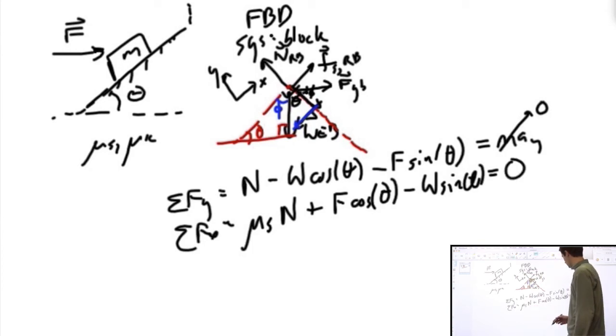I know friction is at its maximum value, these are all givens, and I can solve for F given this setup. To do this, I solve for normal using the y equation, I plug it in here, and then I solve for F using the x equation. And that's all we need to do. The rest of it is taken care of in the fact that we use this maximum static friction force in this case. So that's all for this week. Thanks.